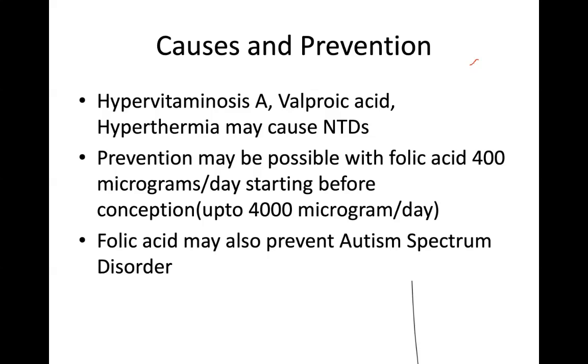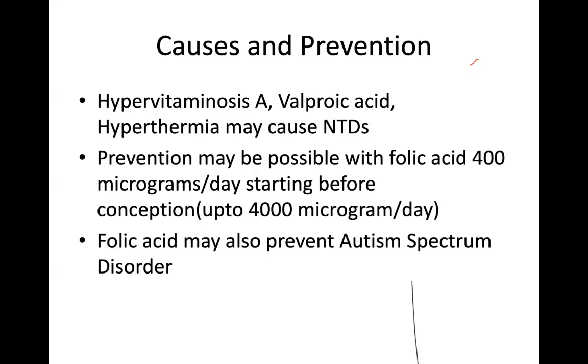And folic acid has also been seen to prevent a condition that we all now recognize. You know that autism is a psychosocial disorder, and nobody has been able to identify exactly what causes autism.